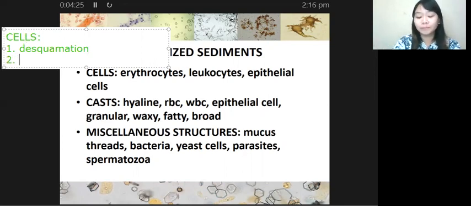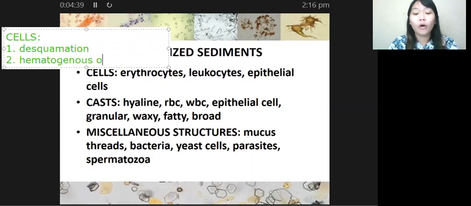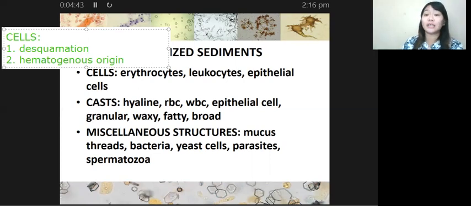Another, the cells that are present in your urine sample may also be of hematogenous origin. Alright, so from the term itself, hematogenous origin, saan sila galing? Hemato, sabi niya dyan.